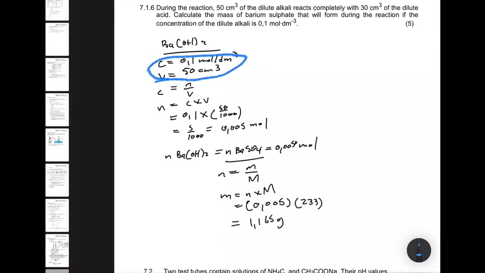So from there we find the number of moles of the dilute alkali, and we use those number of moles to find the number of moles of the barium sulfate, right? And from the number of moles we calculate the mass here, right? High school chemistry is basically finding the number of moles of one reactant and using it to find the number of moles of the other, and from there you'll find either the concentration or you'll find the mass.